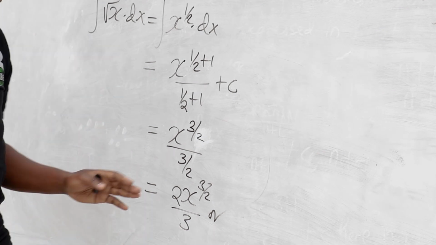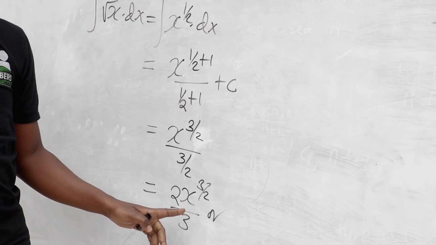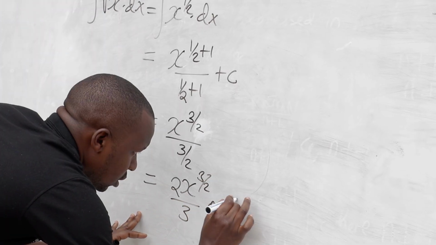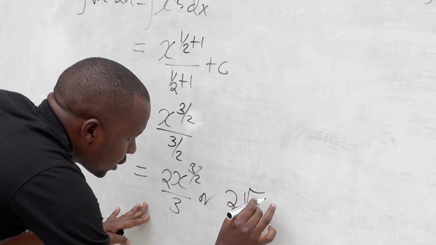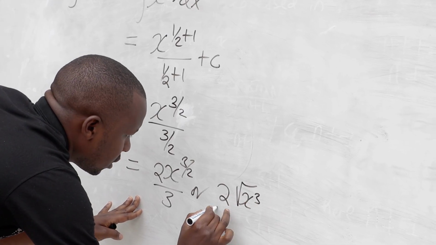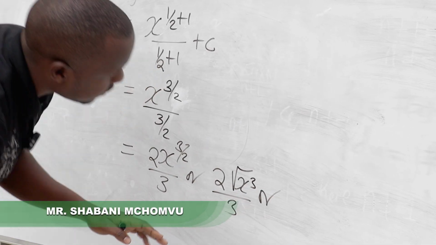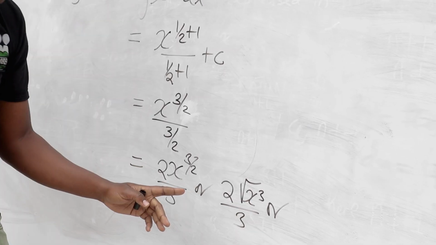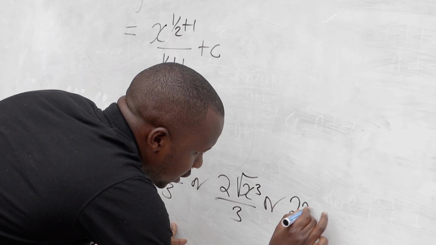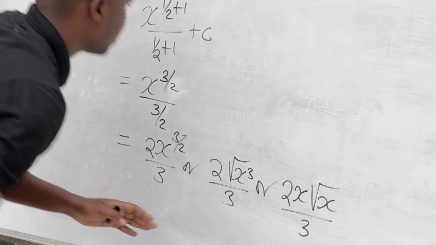Or you can simplify more by expressing this in radical: 2 times the radical of x cubed over 3. Or with further simplification, it becomes 2x times the root of x over 3.